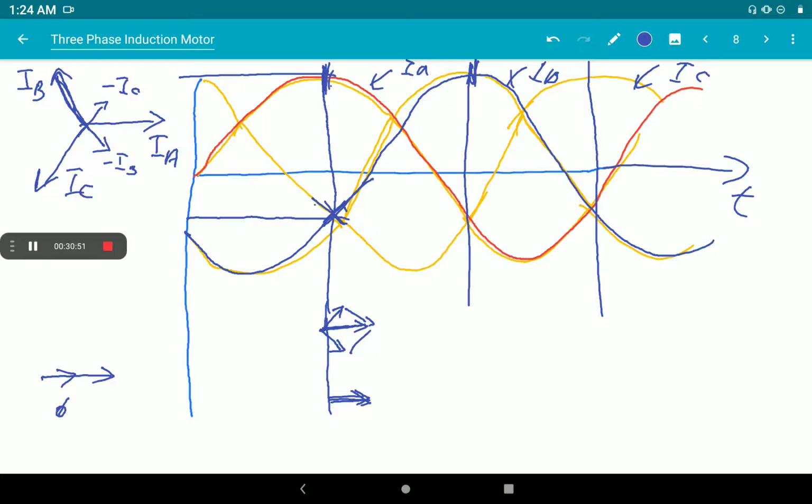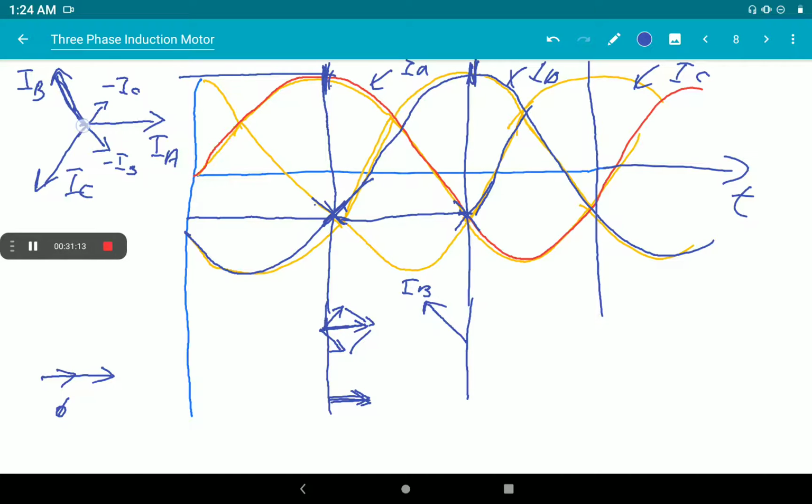Here IB is positive. What is the direction of IB? IB should be in this direction. So IB is positive, but at this instant vector IA and vector IC are negative.